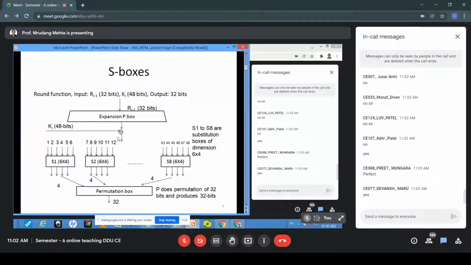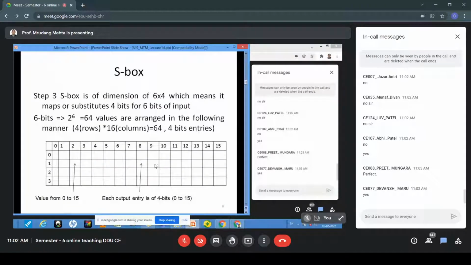The output of this XOR is 48-bit, divided into 8 groups. Each group contains 6 bits, and these 6 bits are given as input to an S box, which gives an output of 4 bits, and 8 such 4-bit outputs result in a 32-bit group. That is shown over here.